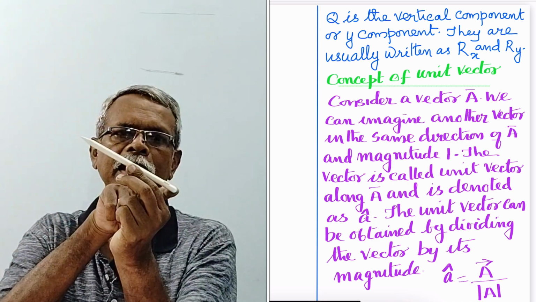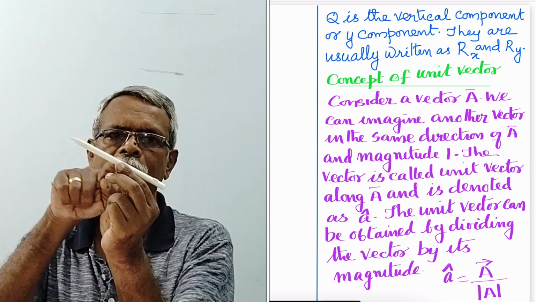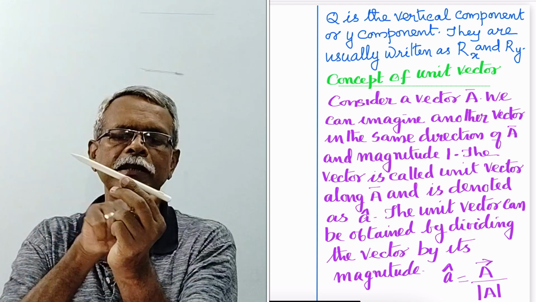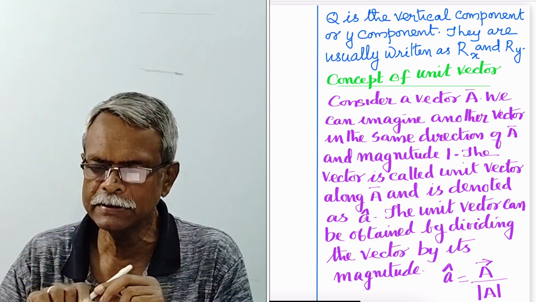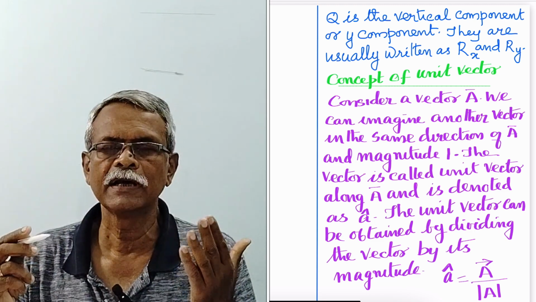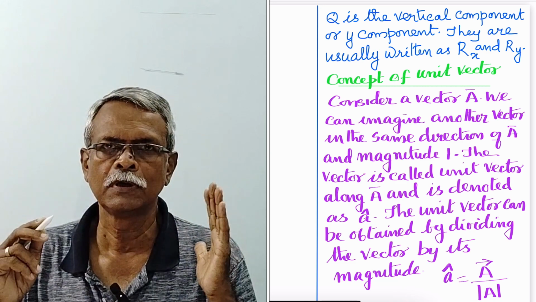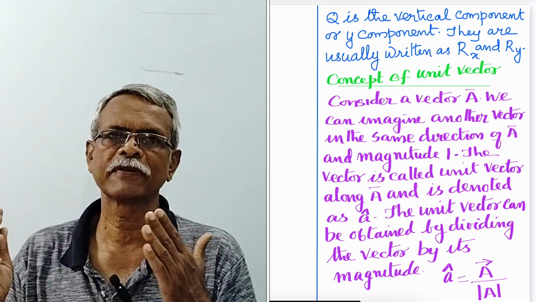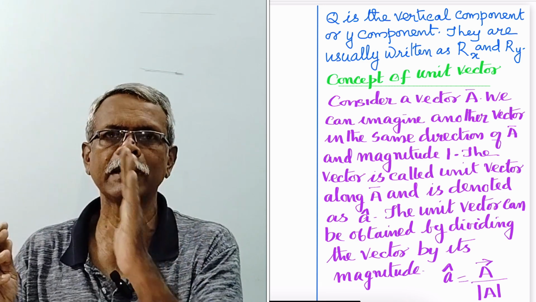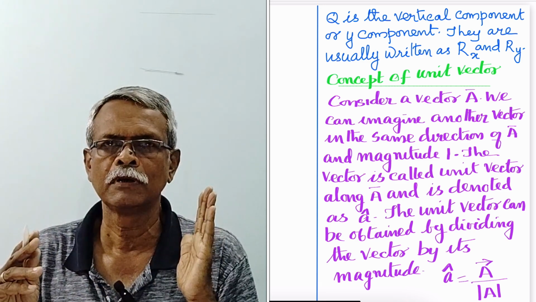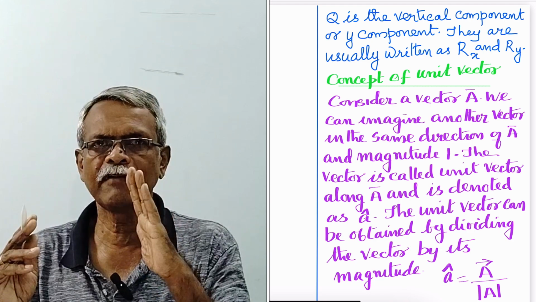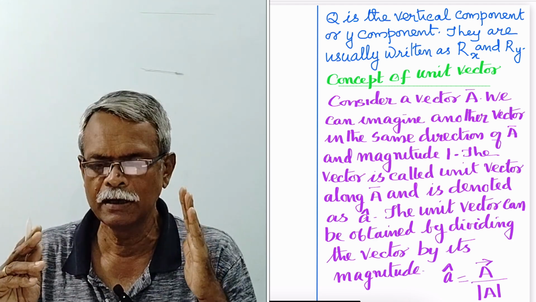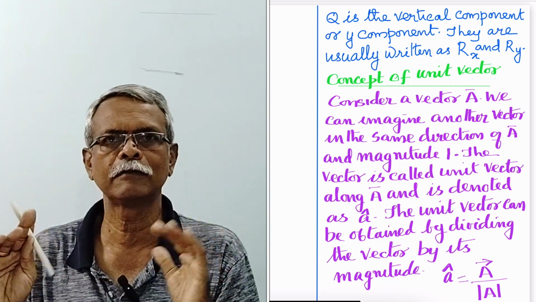Therefore, I can represent this vector as a product between 5 and this unit vector. Therefore, that vector is called a unit vector. In terms of unit vector, any vector can be represented as a number multiplied by unit vector, where unit vector is the vector which is in the same direction as that of the original vector and having a magnitude 1.